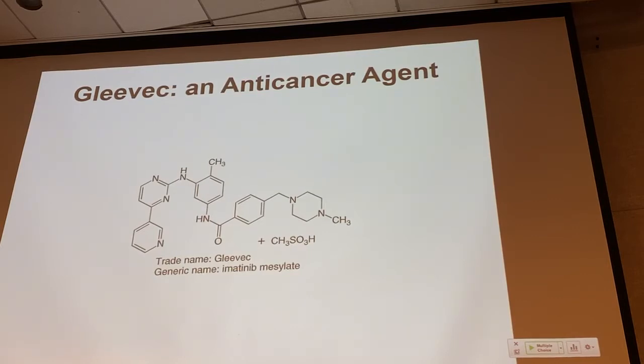Because classical anti-cancer compounds, such as the ones based on mustard gas that we talked about last semester, typically work by interfering with the cell cycle, preventing cells from dividing. And so they indiscriminately kill all cells, but they kill more rapidly dividing cells the fastest.